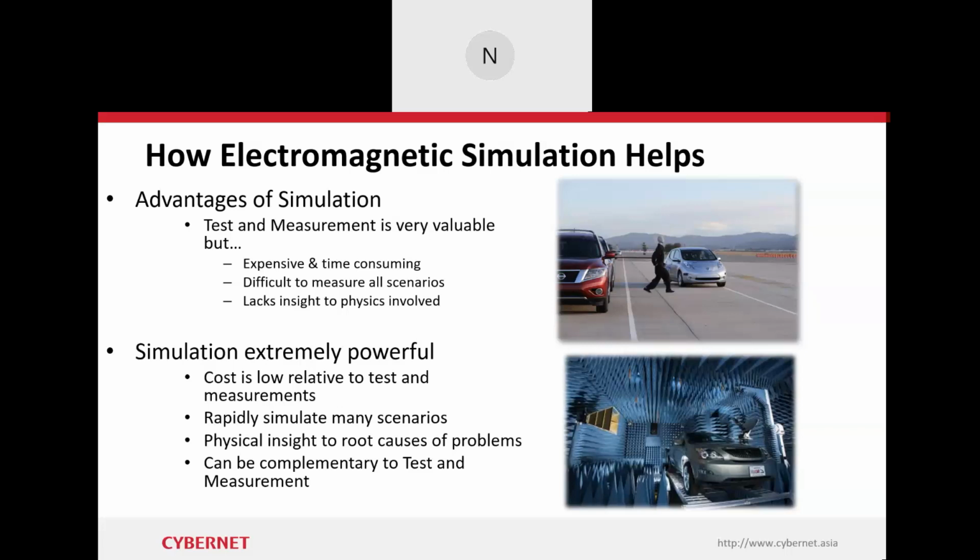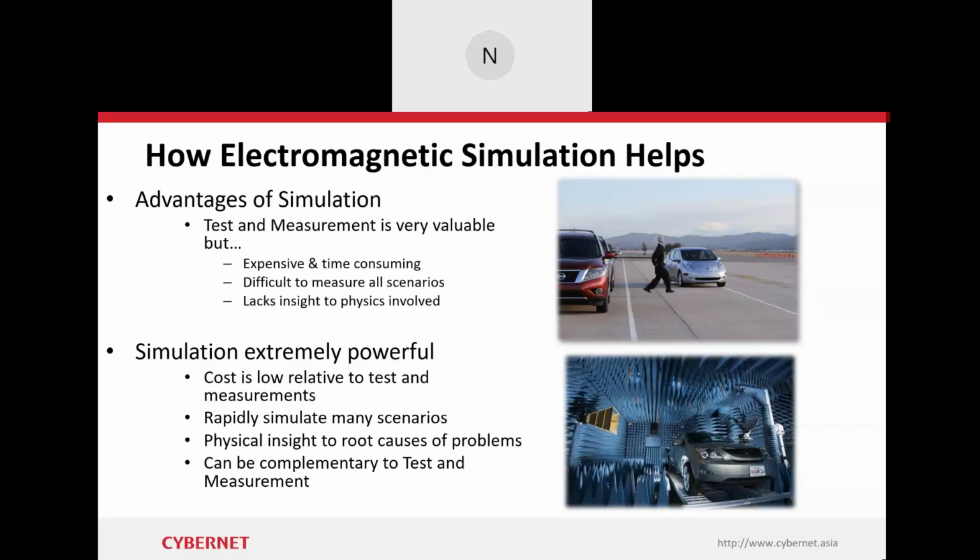It will help make your measurement more efficient. So with simulation, we put it in the same environment as the measurement and reduce the testing time, and you will be very efficient in your product design.